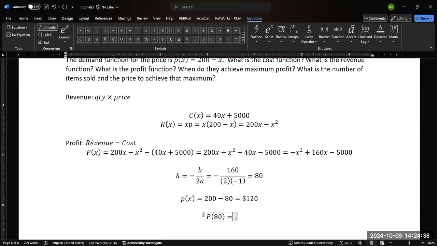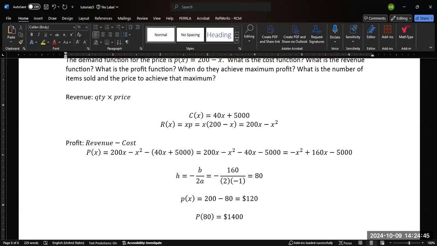X is the number. And what I get when I plug that in is $1,400 of pure profit. Given that, it's probably a good idea that they find a way to reduce their fixed costs. But this is how we go ahead and solve cost, revenue, and profit equations.